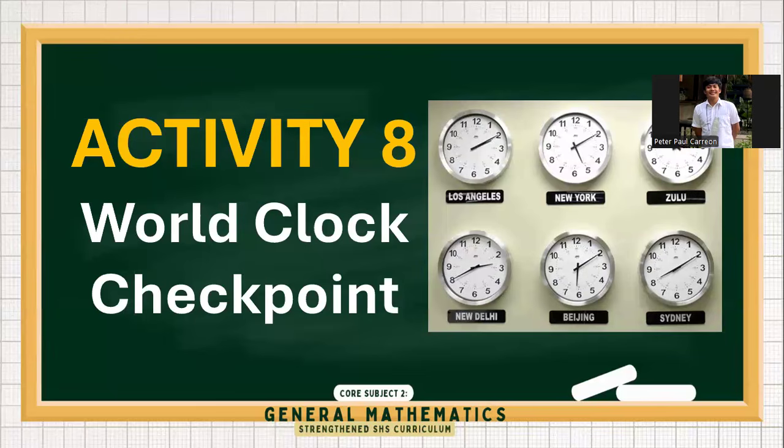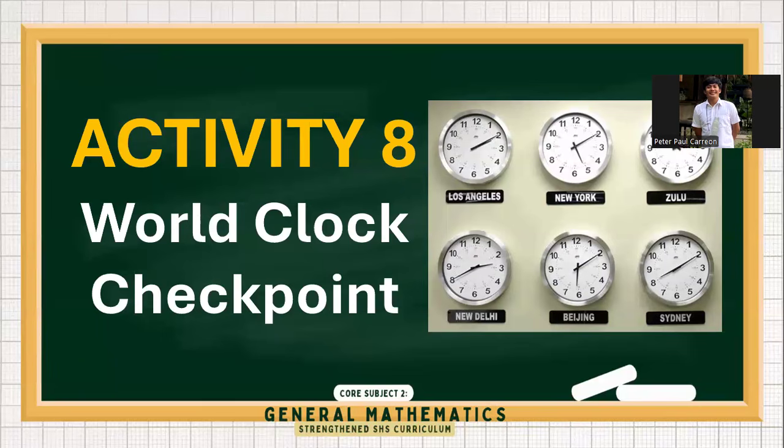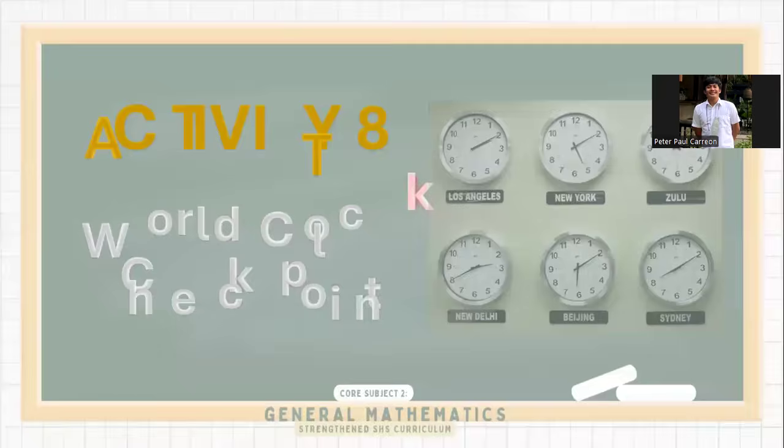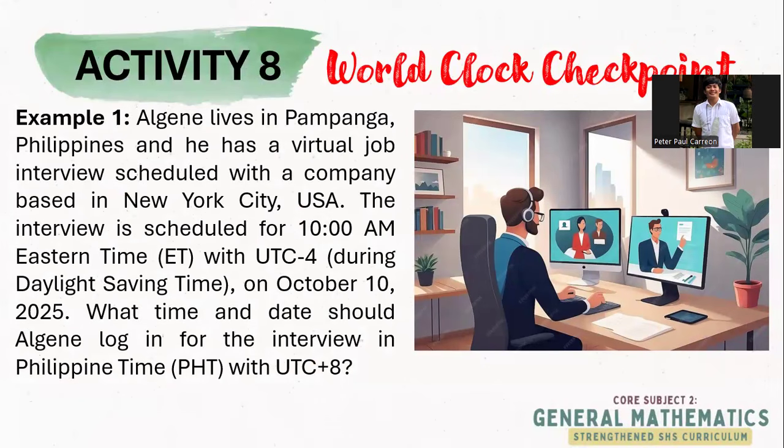Now let us apply our knowledge through real-life word problems. Let's have example number one. Can you analyze the problem? Algin lives in Pampanga, Philippines, and we know that in the Philippines, we follow the UTC +8.